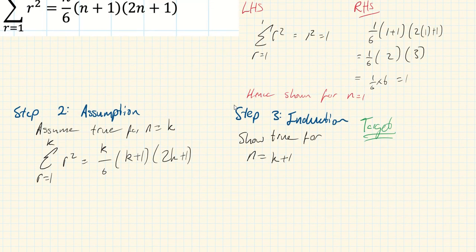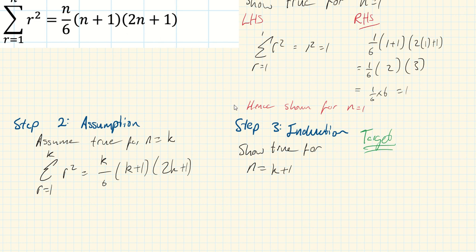So our target expression, instead of n over 6, we're going to have k plus 1 over 6. And instead of k plus 1 in the bracket, we're going to have k plus 1 plus 1. I'm just going to put that k plus 1 in purple, plus 1.